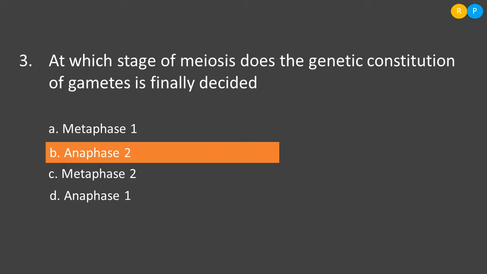In this stage, the chromosomes start moving towards the opposite poles. Suppose the cell has 8 chromosomes, 4 chromosomes move towards one pole and the remaining 4 move towards the other pole. So the chromosomes are distributed towards the opposite poles, and this is where the genetic constitution of gametes is finally decided. So the correct answer is anaphase 1.